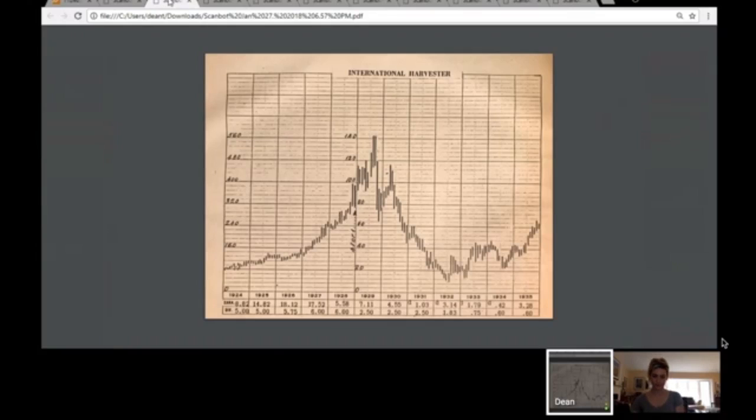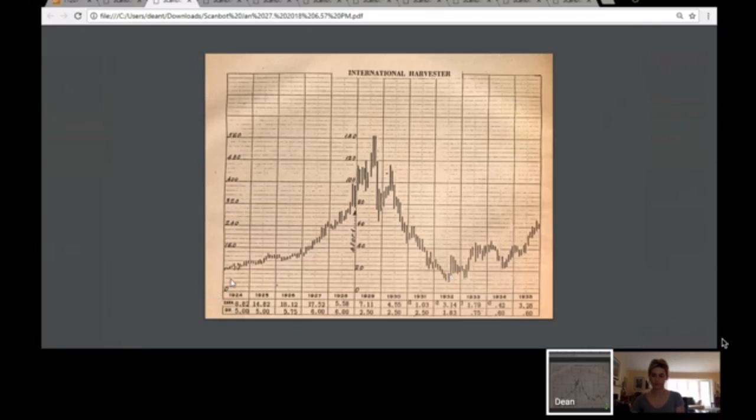Now, I'll make a couple of comments about hyperwaves. This particular one occurred, if you can read these tiny dates, between 1924, during the Roaring '20s, and the peak in 1929. And then it took another 4 years before the hyperwave completed itself.